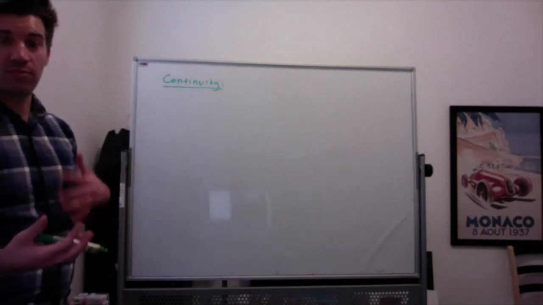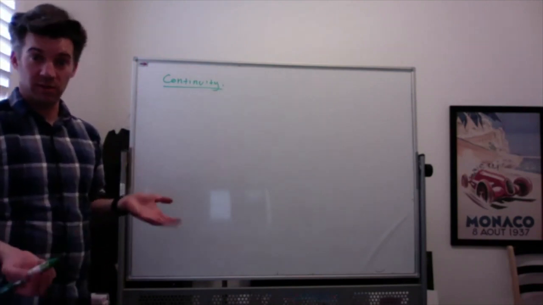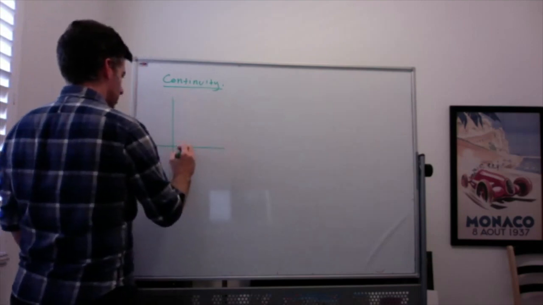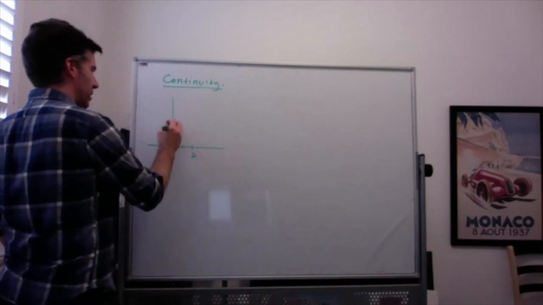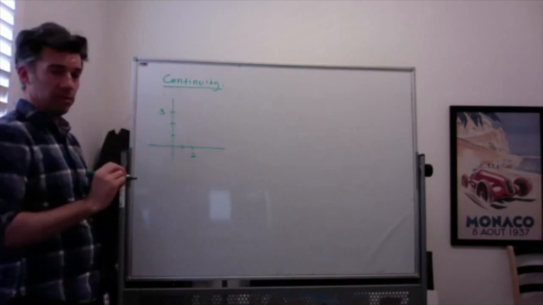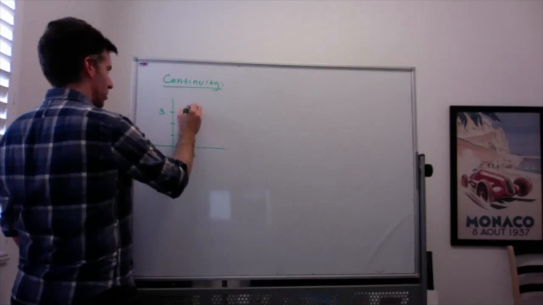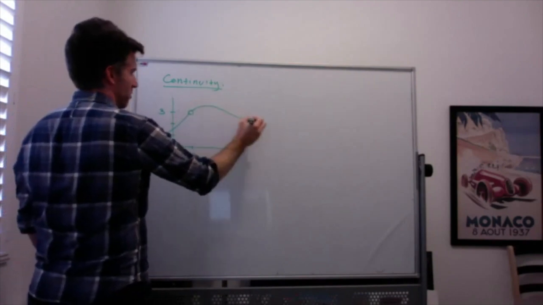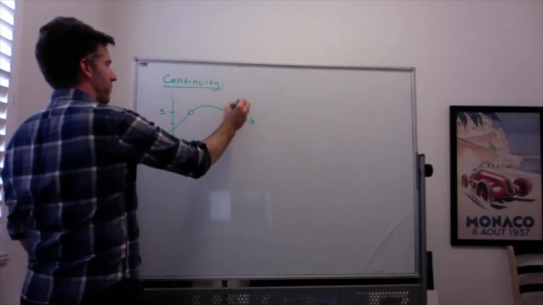So here are some pictures of functions that may or may not be continuous. And I'm gonna make them all continuous or not continuous at the point 2, 3. So here's one function.